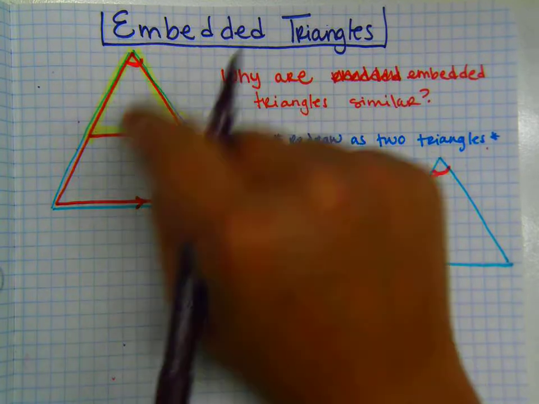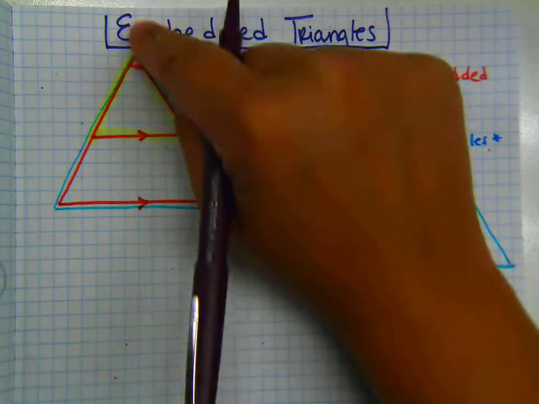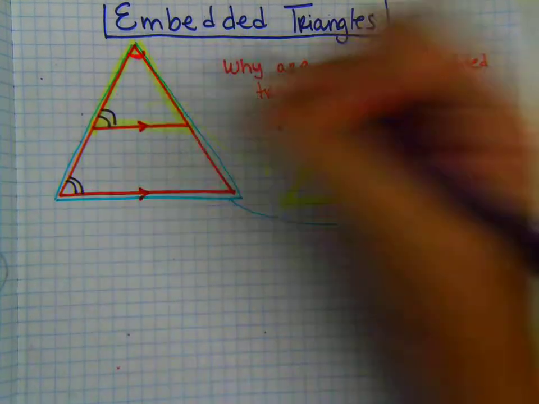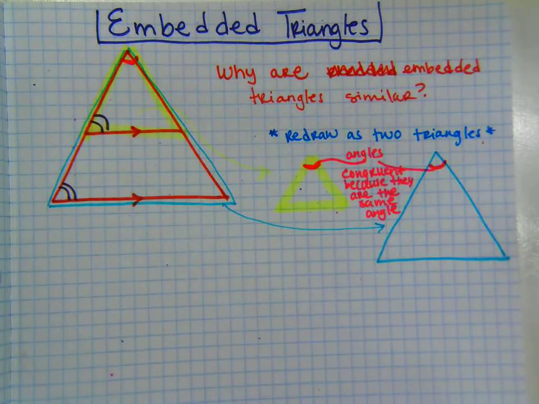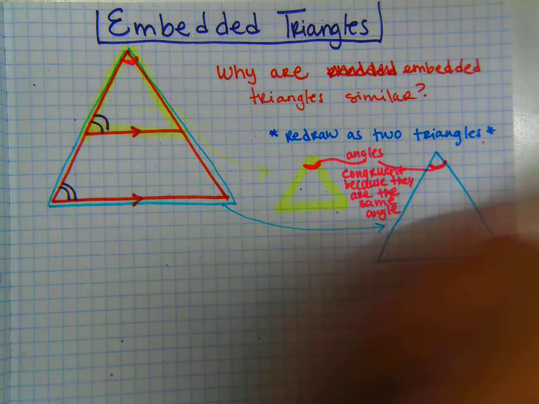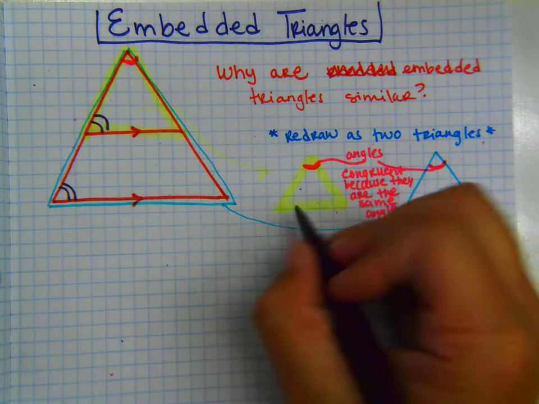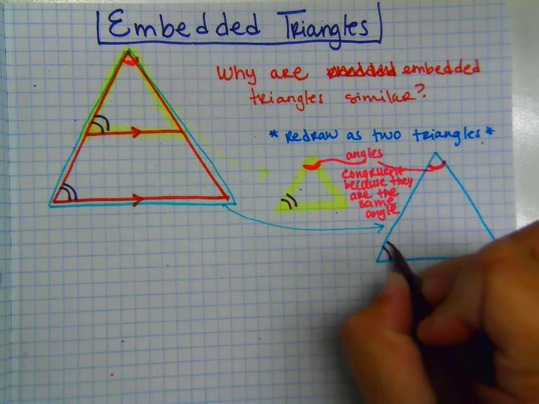But looking at this parallel line cut by the transversal, this angle and this angle have something in common. What kind of angles are those when you have two parallel lines cut by a transversal? Hopefully you said that those are corresponding.